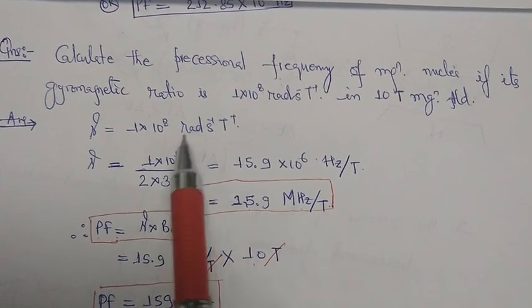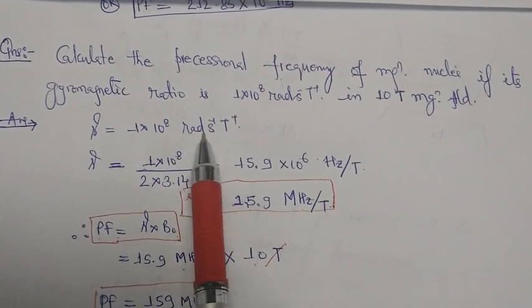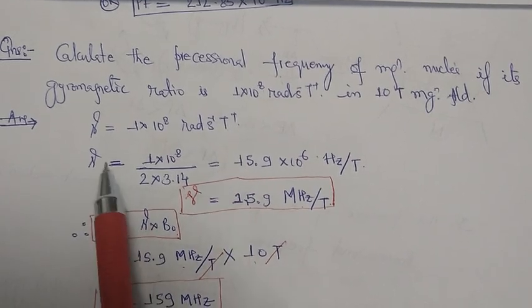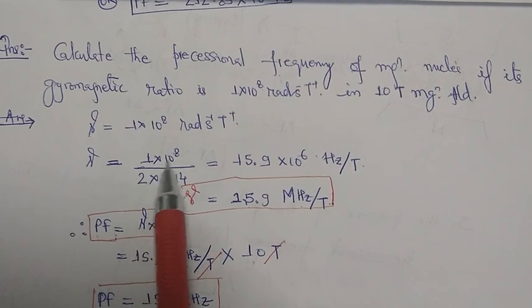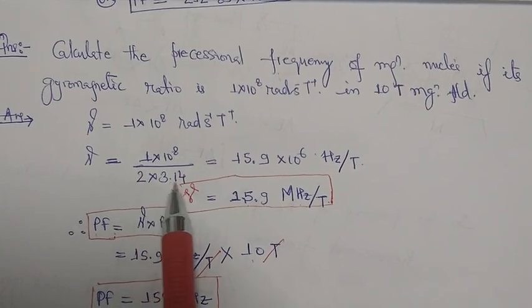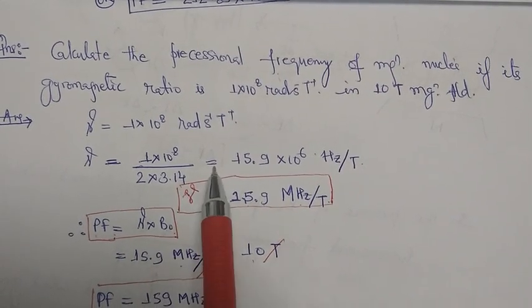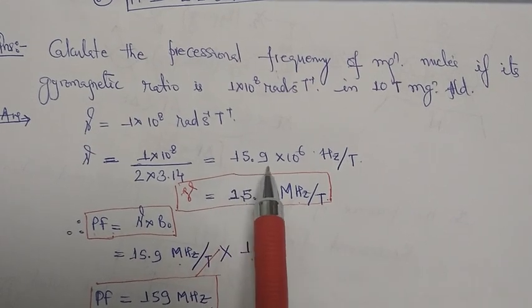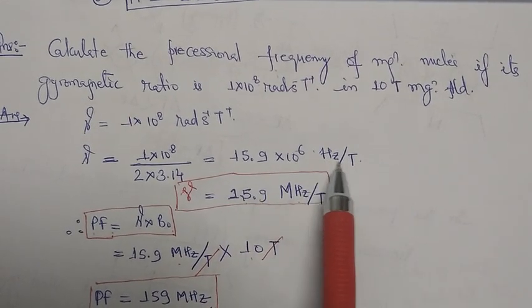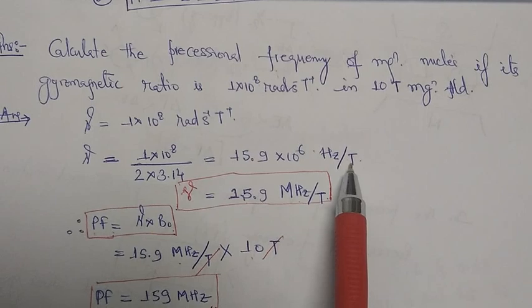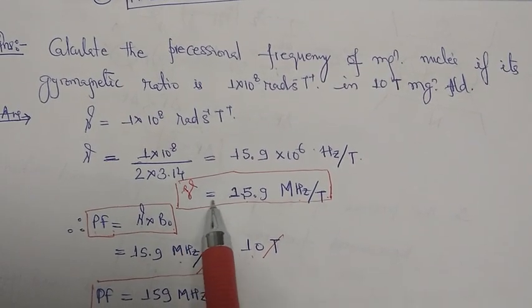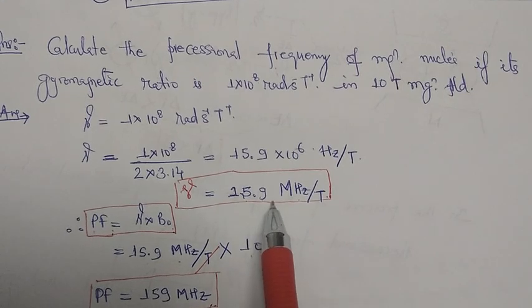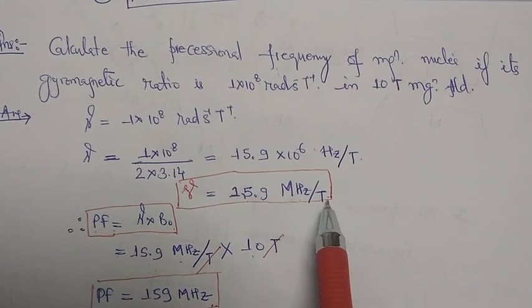It is given in radians per Tesla. So the gyromagnetic ratio gamma is equal to 1 into 10 to the power 8 by 2 into 3.14, that is 2 pi, which is 15.9 into 10 to the power 6 hertz per Tesla. So we can write gamma as 15.9 megahertz per Tesla.